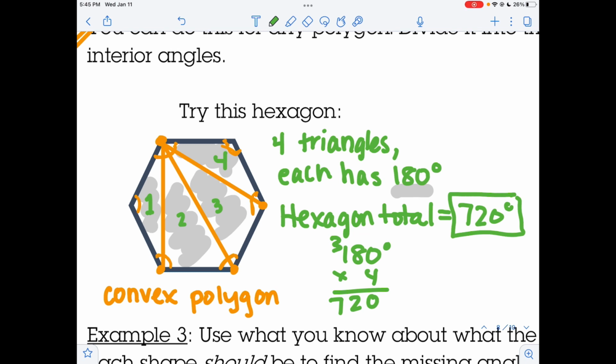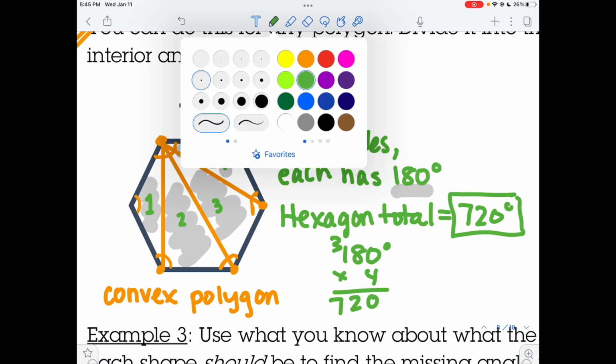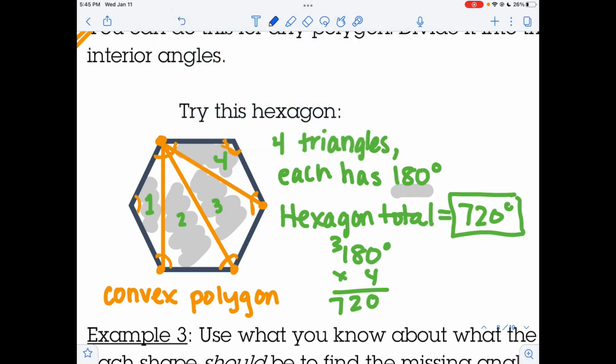This is a very nice, open, regular hexagon. It's got 720 degrees. But guess what? If I drew one of our crazy hexagons, like in 7th period, we drew the military chevron, like the bars you get when you get promoted. That's a terrible one. But that's a 6-sided shape, again, so that's a hexagon.